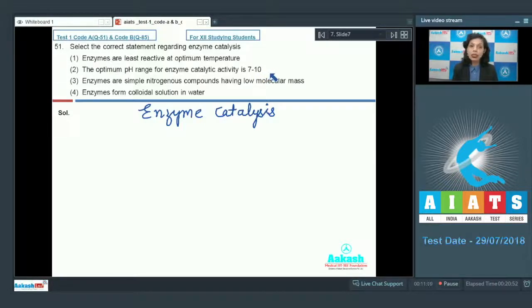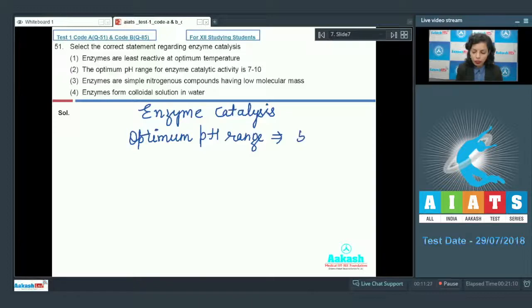Students, this is the wrong statement because the optimum pH range for enzymes is 5 to 7. So simply this is the wrong statement.